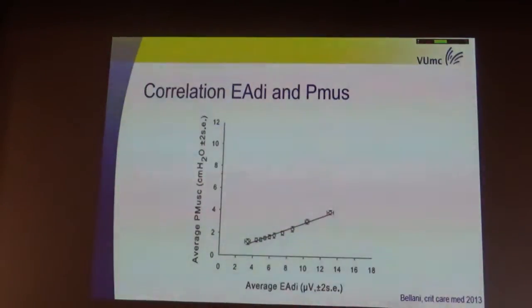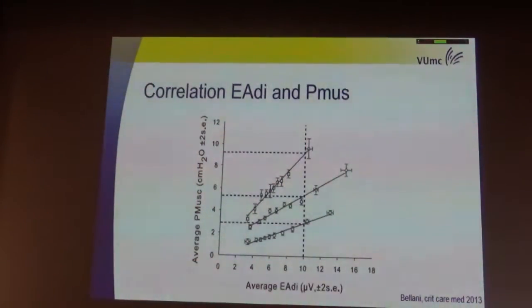And a nice study by Bellani has actually shown that there is a good and linear correlation between the amplitude of the electrical activity of the diaphragm and the pressure generated by the diaphragm. The problem, though, is that this relationship differs from patient to patient.